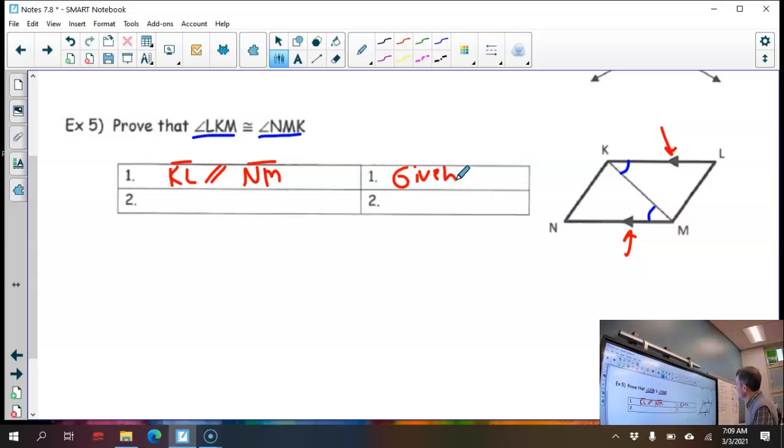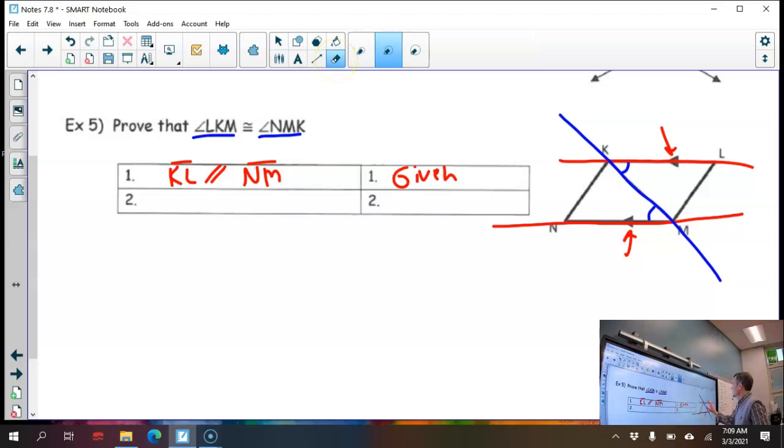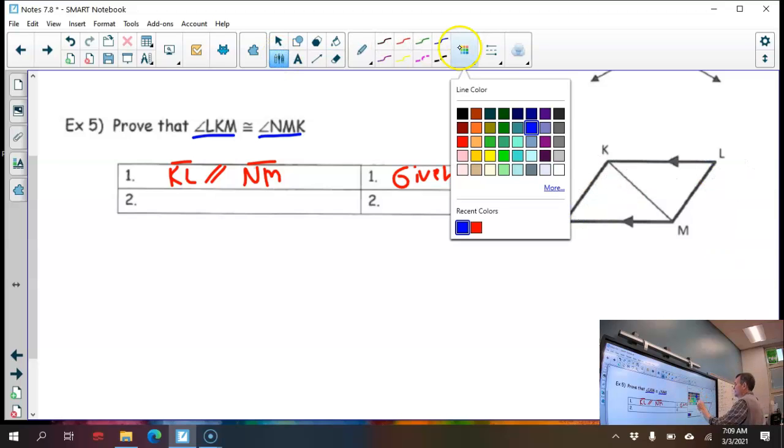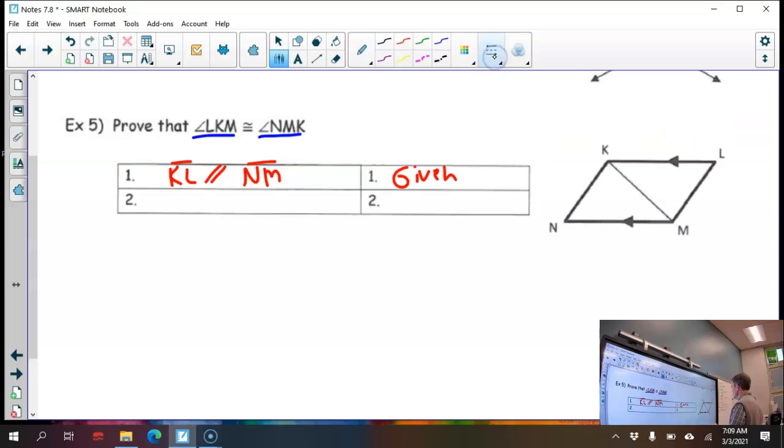All right. So you probably recognize this, but if these two lines are parallel, and I have this transversal right here, what type of angles are those? Those are alternate interior angles, right? And so we have a theorem called the alternate interior angles theorem. It says that if the lines are parallel, then the alternate interior angles are congruent.